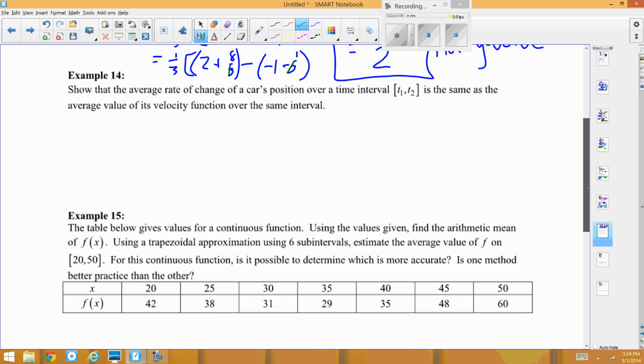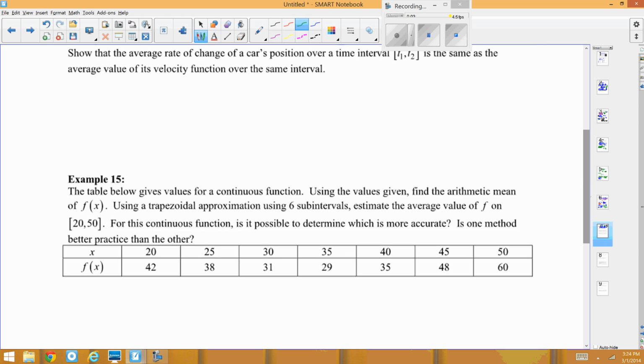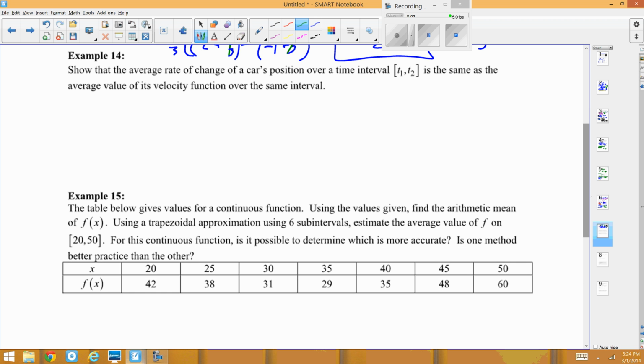This one: show that the average rate of change of a car's position over a time interval is the same as the average value of its velocity function over the same interval. All right, so if you were going to find the average rate of change of a position function, and you could call it s of t or x of t, it doesn't matter. And cars usually travel, right, miles in a certain amount of hours.